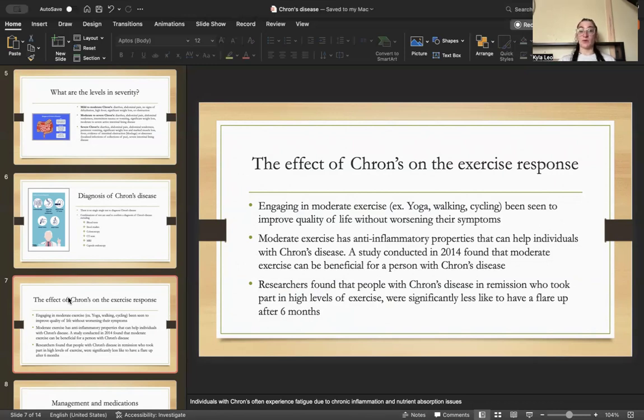One of my resources conducted a study in 2014 that found that exercise can be beneficial for a person with Crohn's disease. Researchers also found that people with Crohn's disease who were in remission, that took part in high levels of exercise, were significantly less likely to have a flare-up after 6 months.